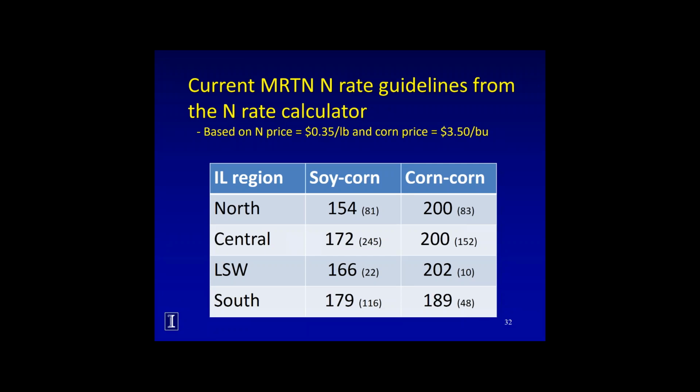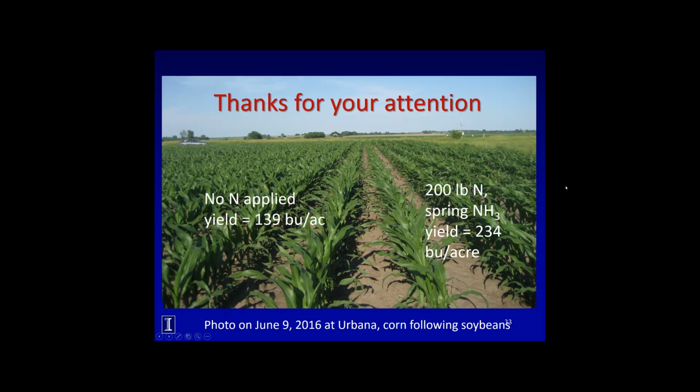And that's the chart for us in Illinois. Lake Springfield watershed, we have a small separate one there. This is the rate at 35-cent nitrogen and $3.50 corn. And the number in the parentheses is the number of trials that goes into each one of these. So this is our last slide, and thank you very much for your attention.